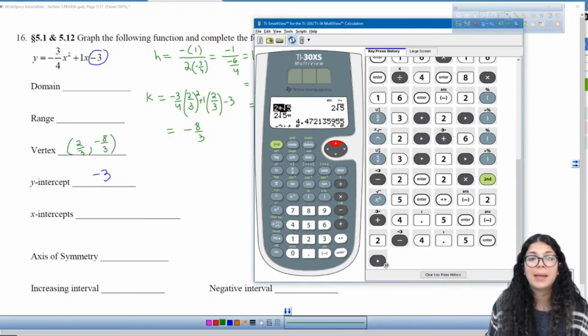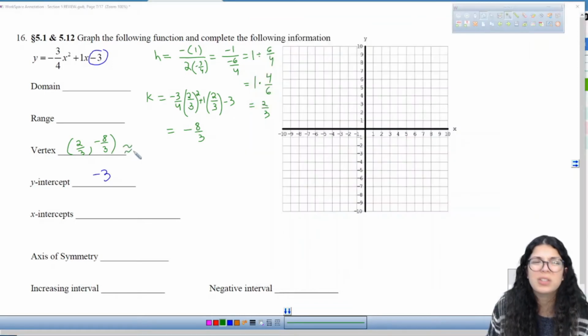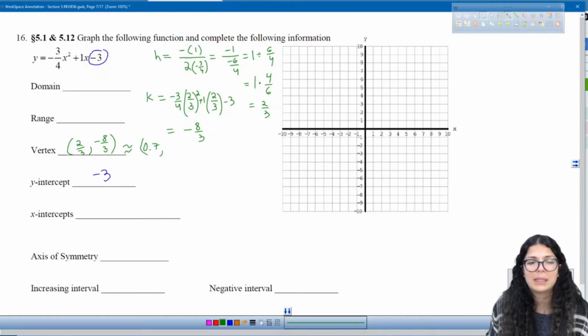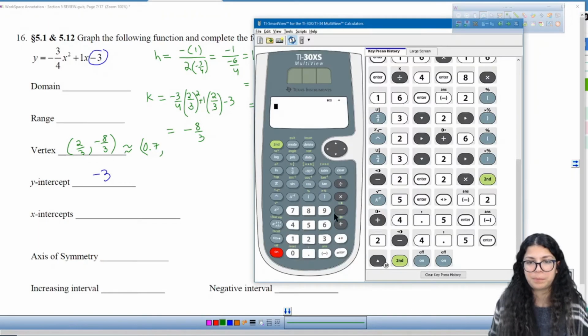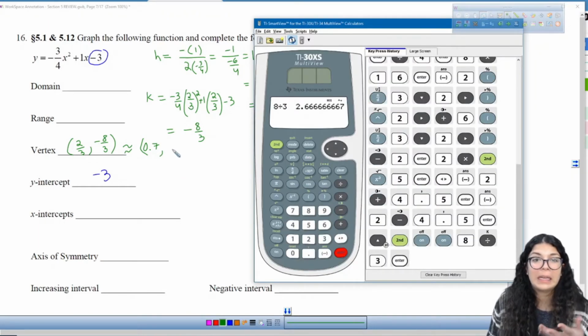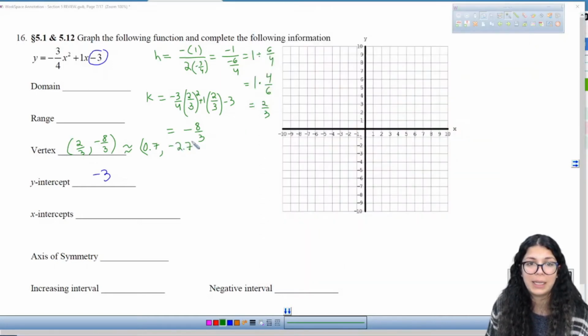Okay, let's go ahead and estimate these two values, okay? 2/3 is 0.6 repeating, which will be about 0.7, and then -8 divided by 3 would be -2.6 repeating, so -2.7-ish.